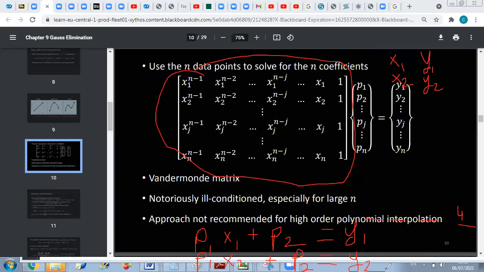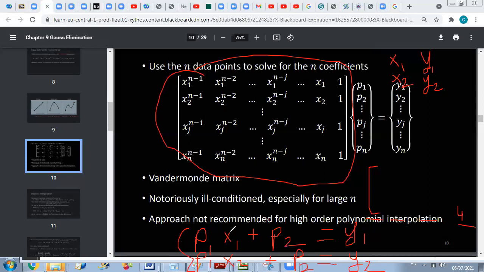Now you can transform this into a system of linear equations. This is 2 equations, 2 unknowns, so I can transform it to matrix form. My variables, the unknowns I want to solve for, are P1 and P2, so that is the x vector.